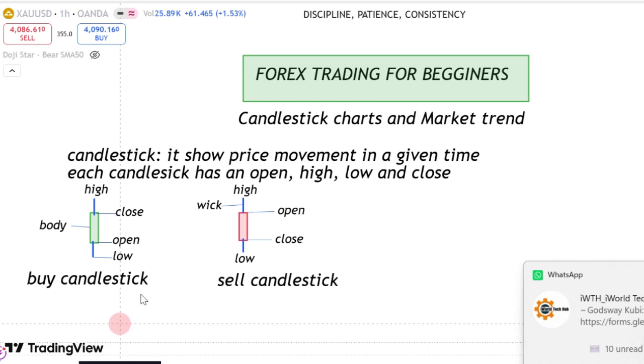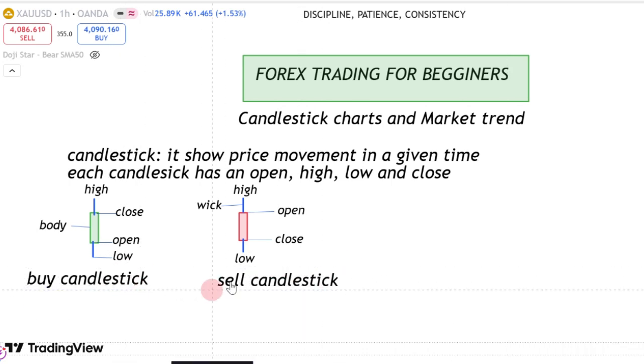So for a buy candlestick, the market opens at the low and closes at the top. For a sell candlestick, the market opens at the top and closes down at the low. So kindly take note.